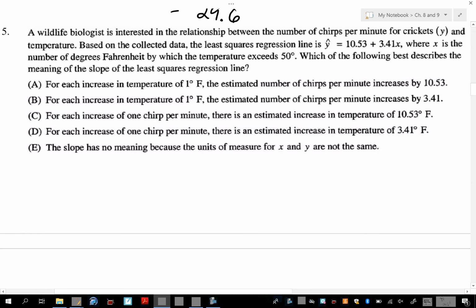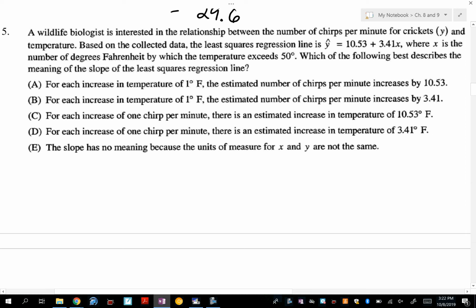Number 5. They must really love crickets, because these are from actual AP exams. Obviously, these are different years. But look, the chirps of the crickets are back. But this time they've switched the X and the Y. This time, the Y is the chirps per minute for crickets.